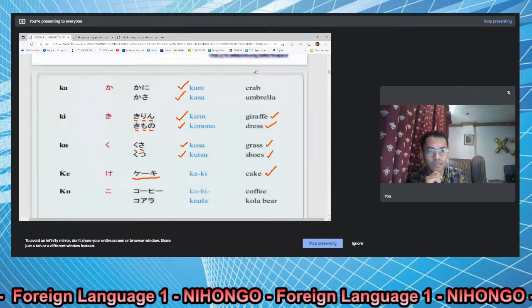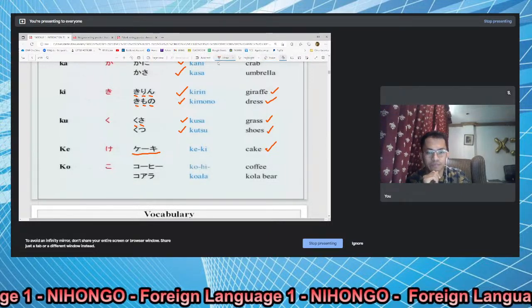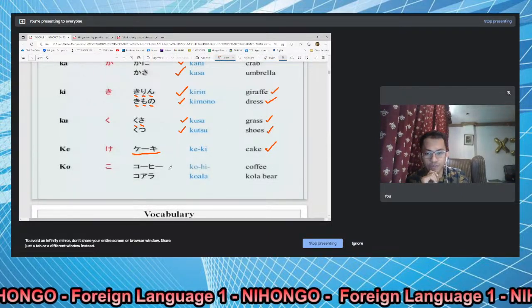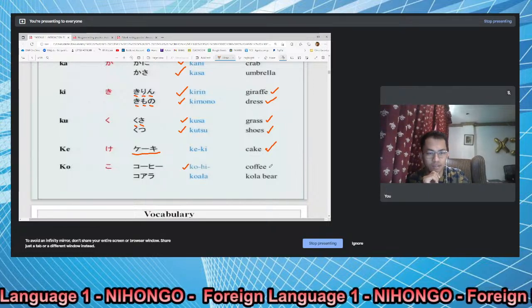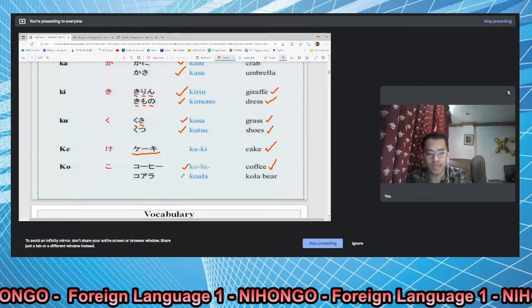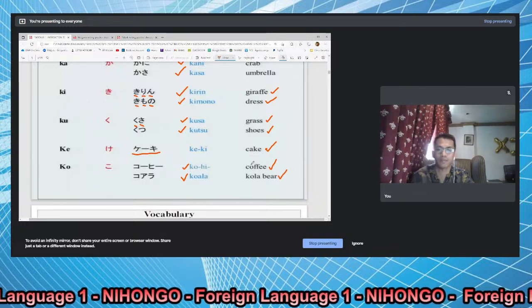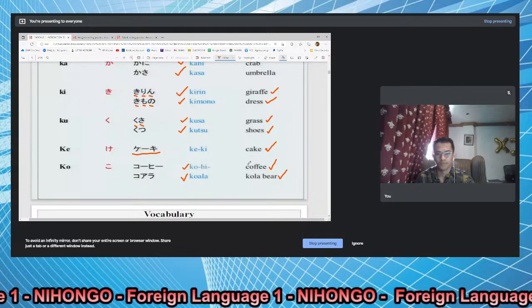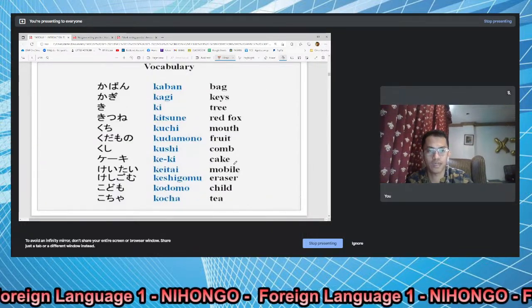It's the same with coffee, it's kohi, coffee. And koala bear.